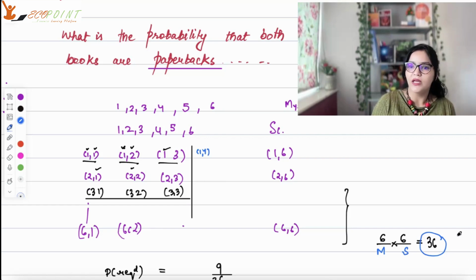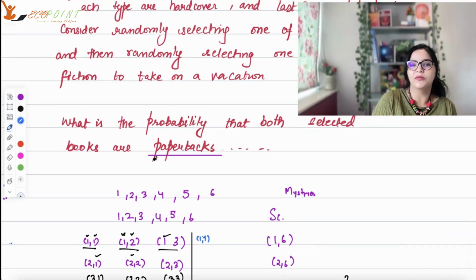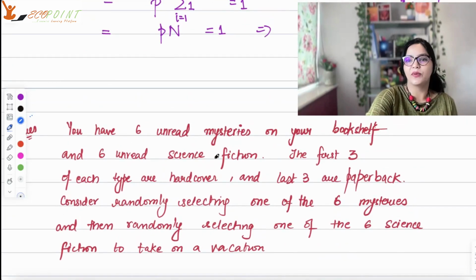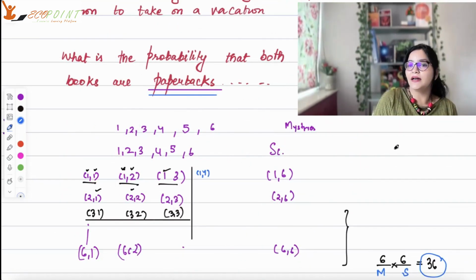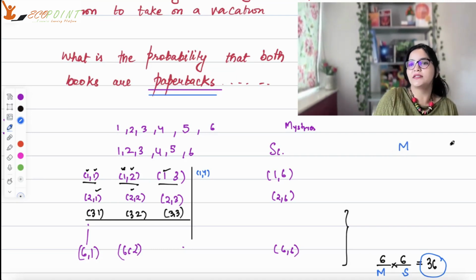So total outcomes 36, out of which what are your possible cases? See, we want only paperbacks, whether it is mysteries or science, but paperback. So we are saying that the last three are paperbacks. So if the last three are paperbacks, that means the paperback would be four or five or six, whether it is mysteries or science.